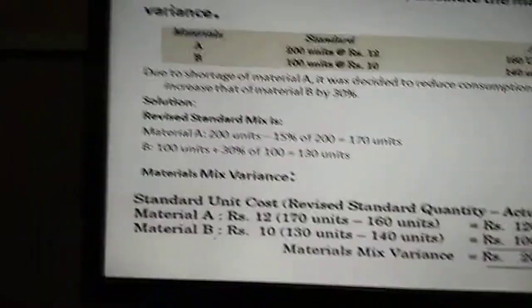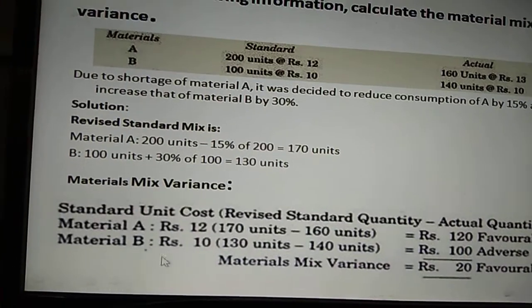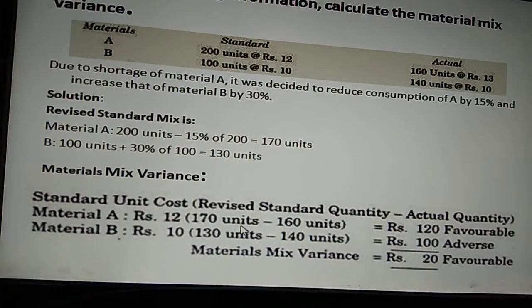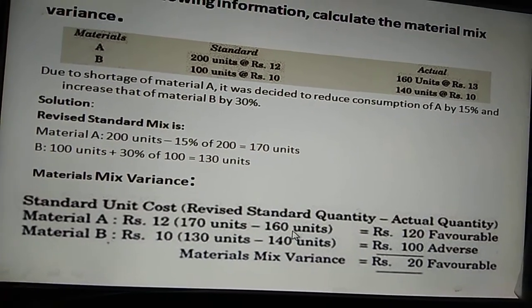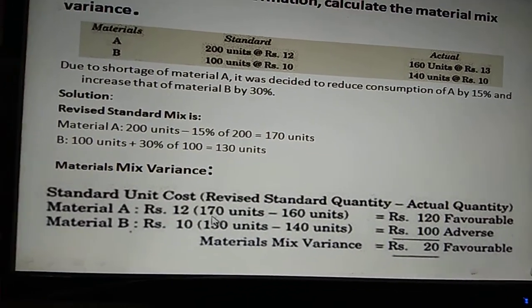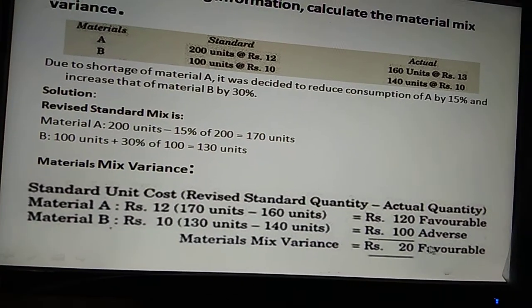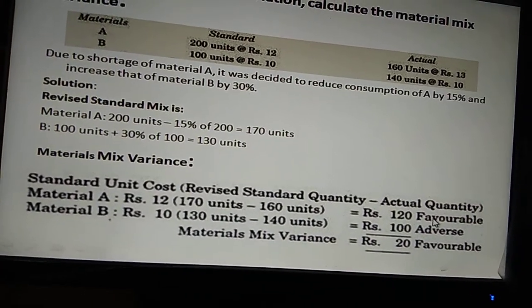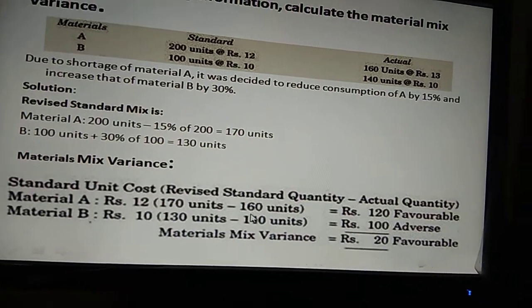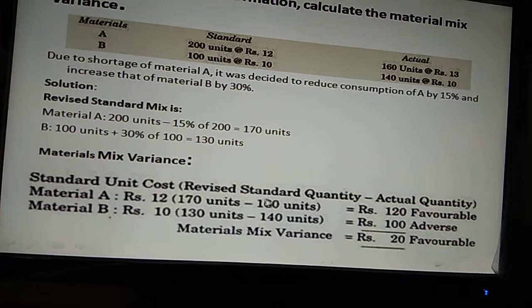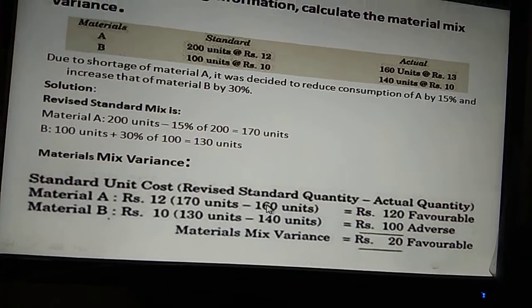So for material A, standard unit cost is rupees 12, revised standard quantity is 170 units, and the actual quantity is 160 units. So 170 minus 160 is 10. So 10 into 12 is 120. It is favorable because standard is more than the actual. So obviously here actual is less used.